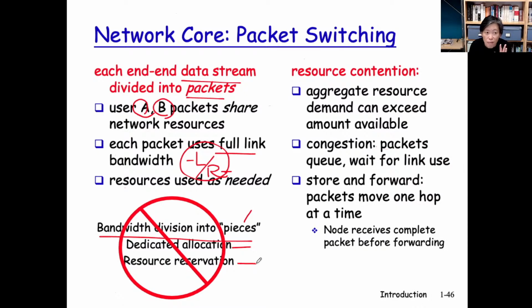Packet switching can potentially be very efficient, especially for short data streams. Think about the resource reservation delay, the call setup time. It can be pretty long, and if you have a very short data stream, then the overhead relative to the entire need of sending data is high.